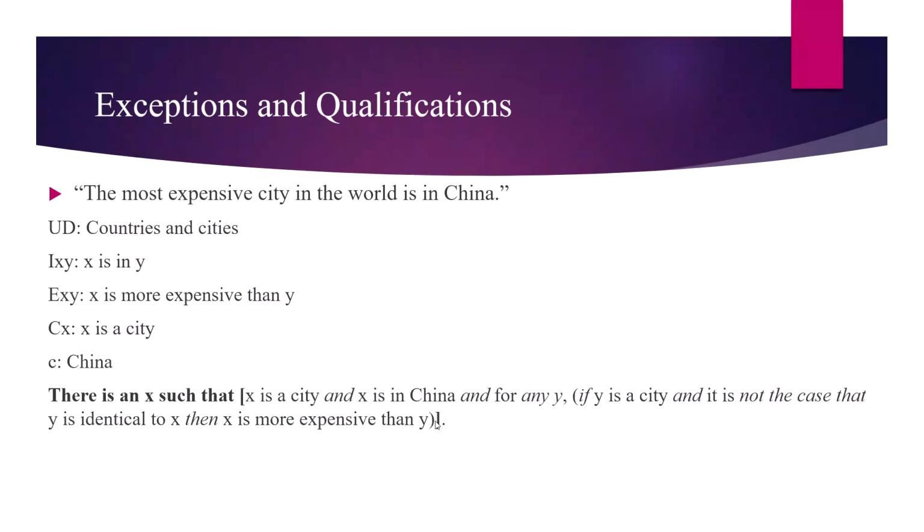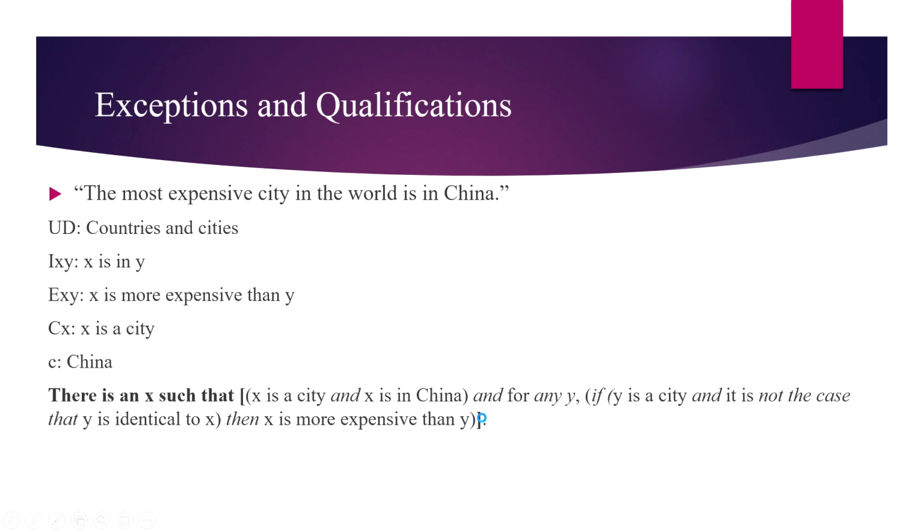So now let's add in those brackets, right? I have the two quantifier scopes, the brackets around the whole thing, and then the parentheses around the material conditional to put it in the scope of Y. And then we add the last parentheses just to make it make grammatical sense. We put this subconjunction, X is a city and X is in China, in parentheses, so that sentence can be one of the conjuncts for the and.